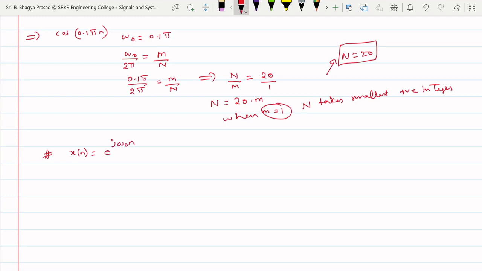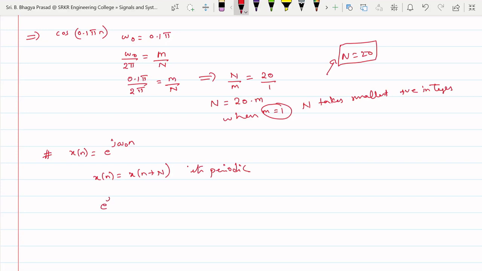We have to check whether it is periodic or not. You know that if x of n equal to x of n plus N is satisfied, it's periodic. It's a discrete complex exponential signal.